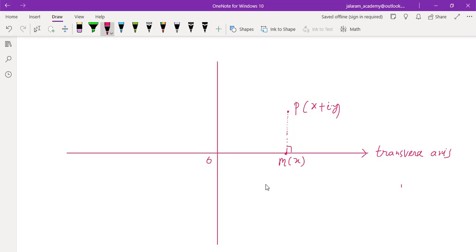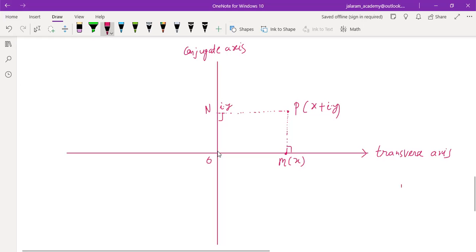Will it not be x only? Yes, sir. And now if we draw a perpendicular from point P on the conjugate axis, its affix will be iy. Clearly, this point is x plus iy.